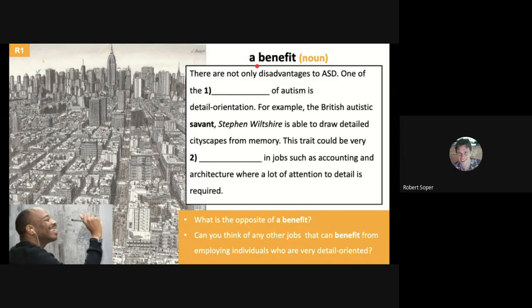It's a bit trickier, that one. Okay, now that we've talked about what you should be doing, pause the video and see if you can write in the correct word form of benefit in these 2 gaps.